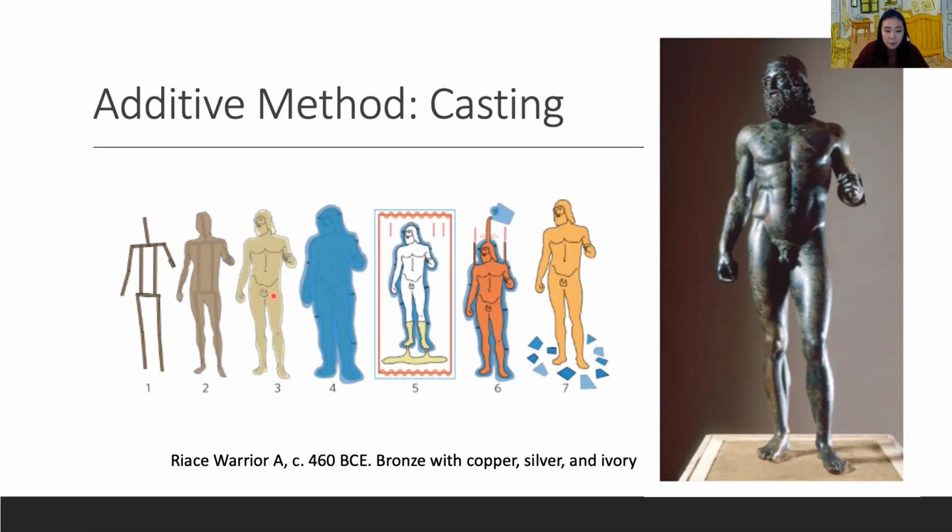The first step in casting is to make a model of the final sculpture like this. This is used to make a mold like this.